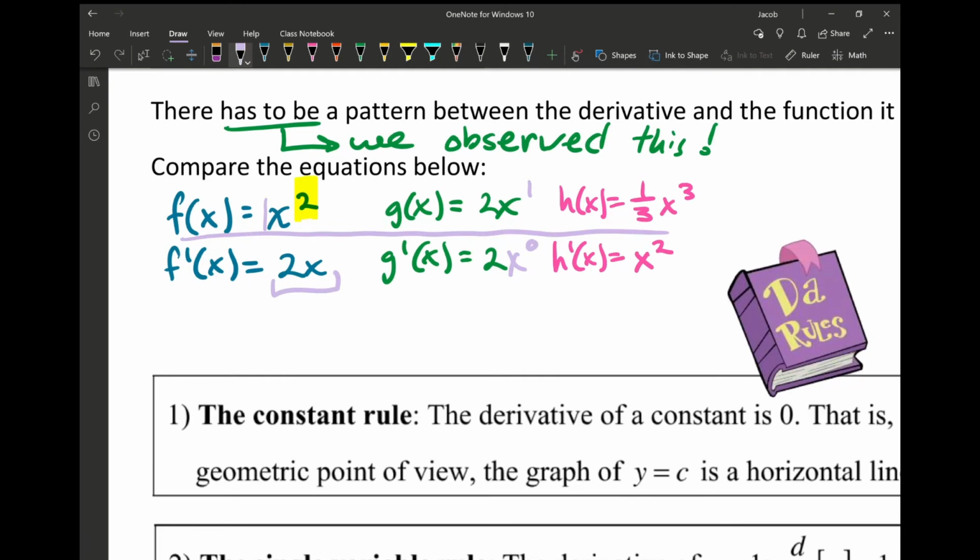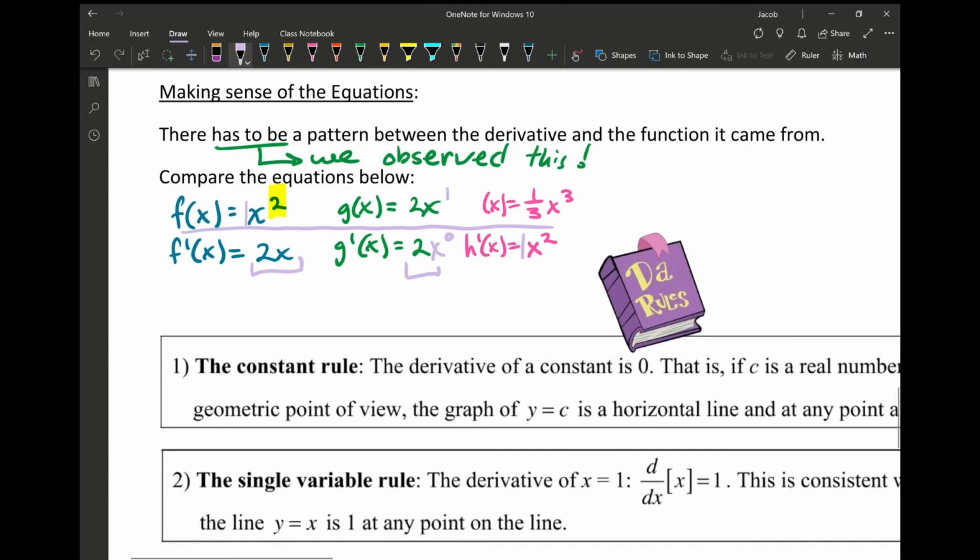I get 1 times 2, but then my degree goes down, so it's 1 minus 1, that's 0. So I get 1 times 2, that's just 2. And now for the third and final example, if we have a third degree with a coefficient of 1/3, we would multiply 3 times 1/3, that would be 1, and then we reduce the power of 3 by 1, and we get 1x squared as our answer.